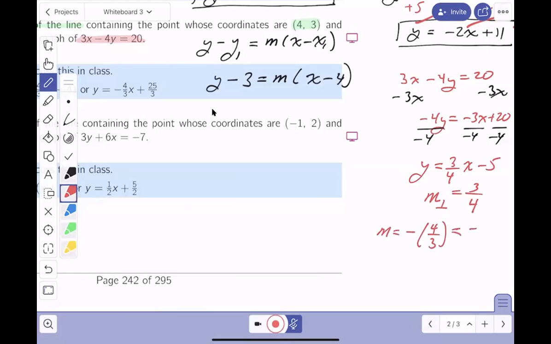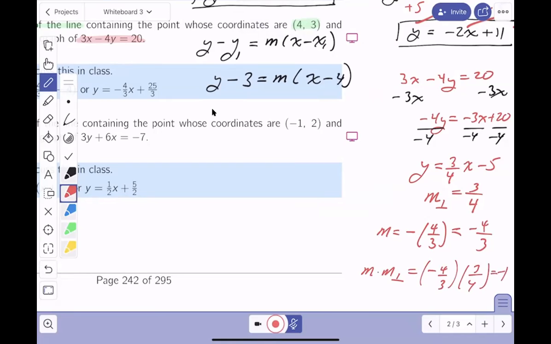And what do you put over there? Minus 4/3. All right, let me test it out. What I'm testing is, does m times m perpendicular equal minus 1? Minus 4/3 times 3/4, and that does equal minus 1. And that's our test. You get minus 12 over 12, which is minus 1.